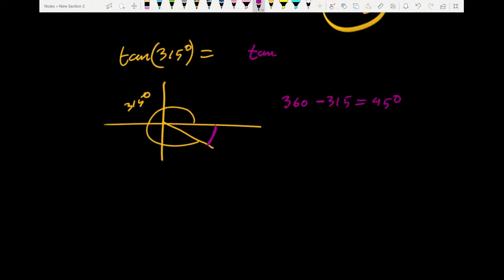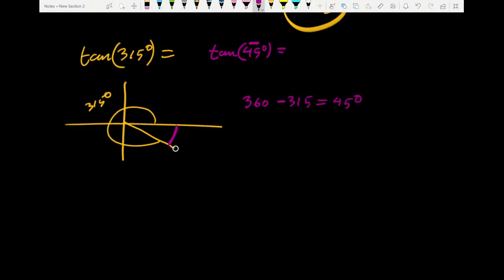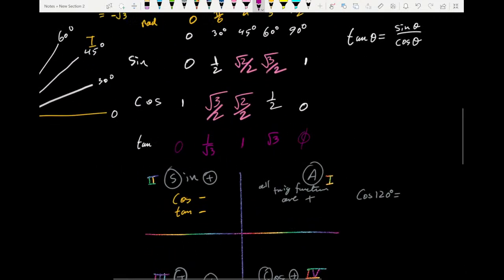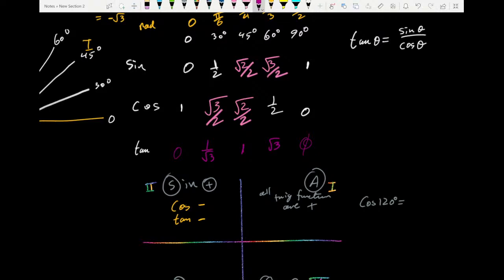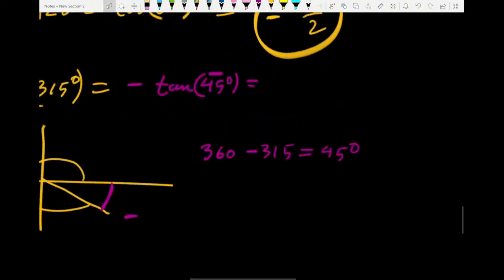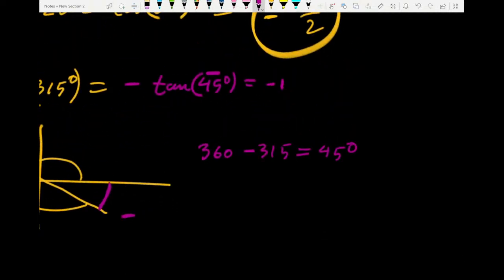So tangent of 45 degrees. Then you've got to ask yourself, is tangent positive or negative in this quadrant? Tangent is negative, so you're going to put a negative right over here. And if we use the table right above, tangent of 45 degrees is 1. So you get negative 1.